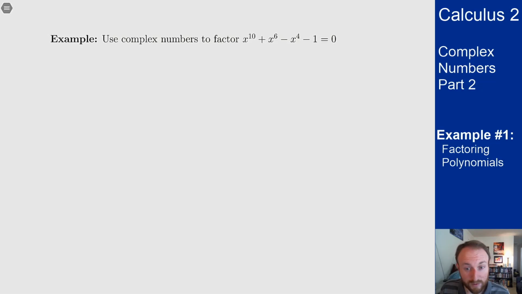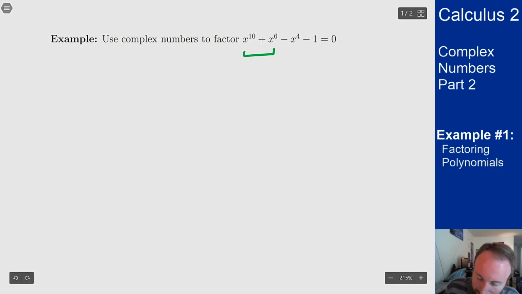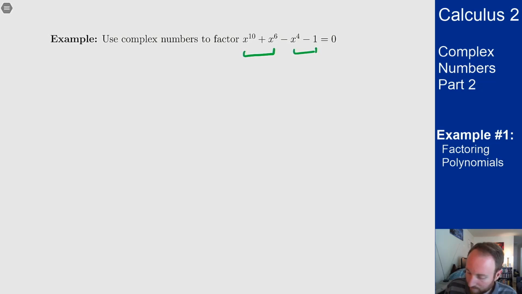What we can do first is factor this by grouping using our normal algebraic techniques and then see where that gets us. Seeing that the gap here is 4 powers of x, and the gap here is also 4 powers of x, that means factoring by grouping might be the way to go. So we're going to factor an x to the 6th out of the first two terms and see what happens.